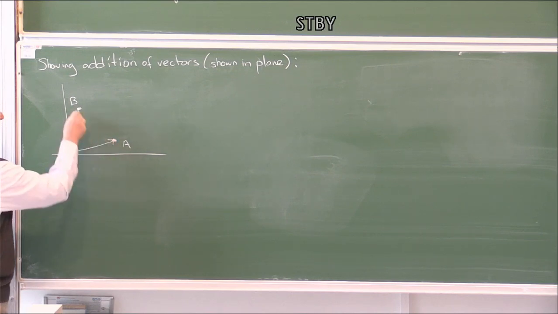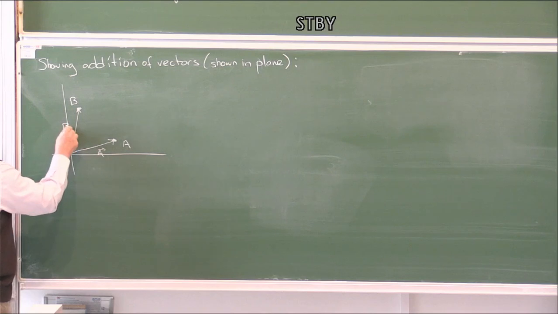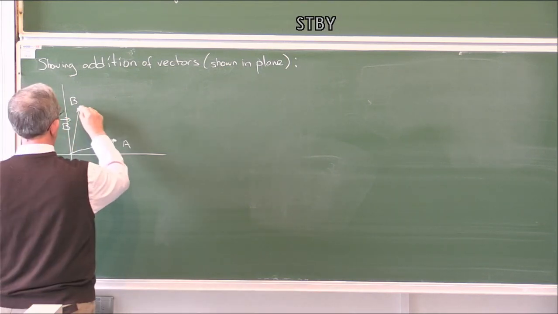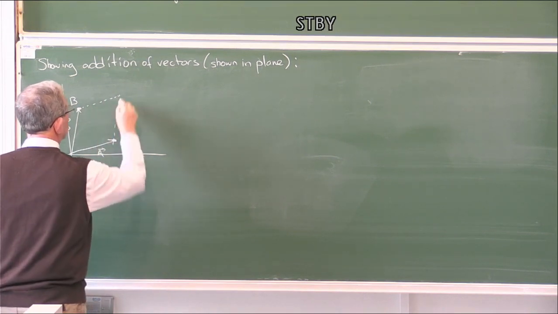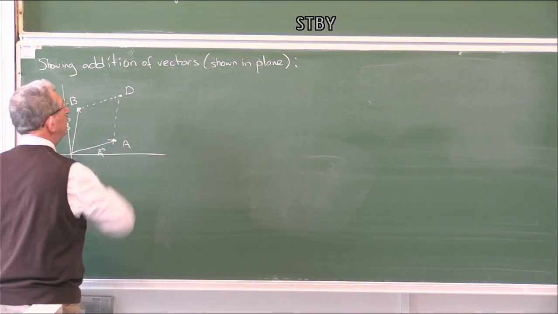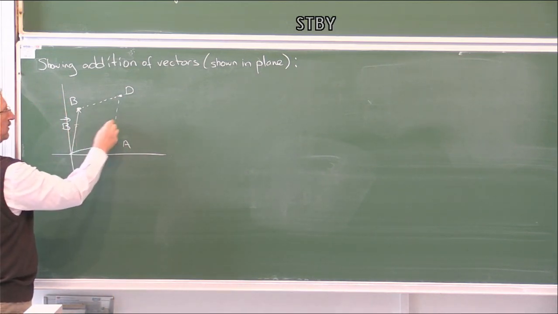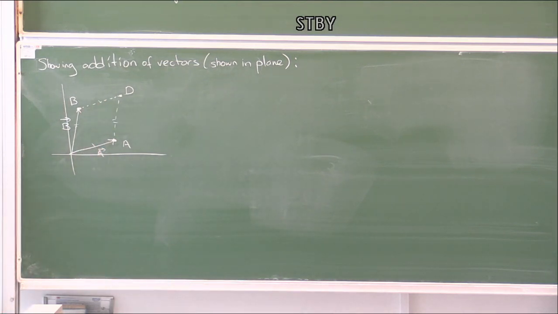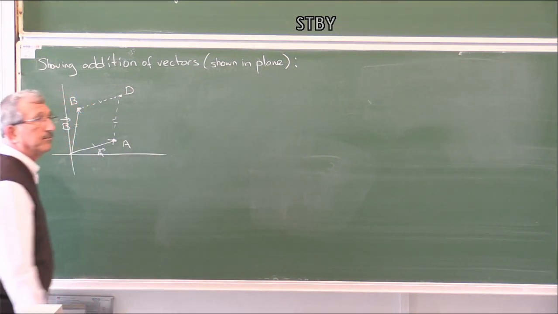So we have 2 vectors, the vector A and the vector B. Now, construct a parallelogram. That means the sides are parallel and the lengths are equal. You find a point D. Now what is this D?